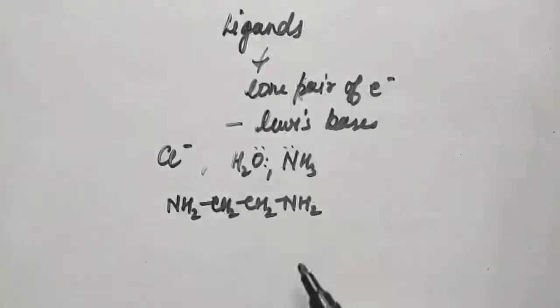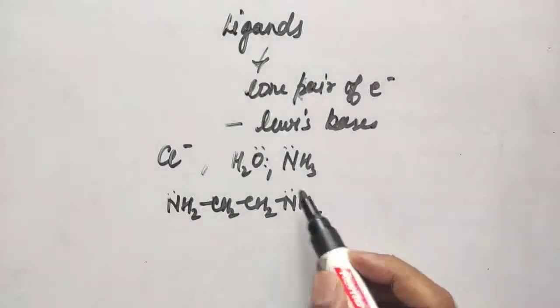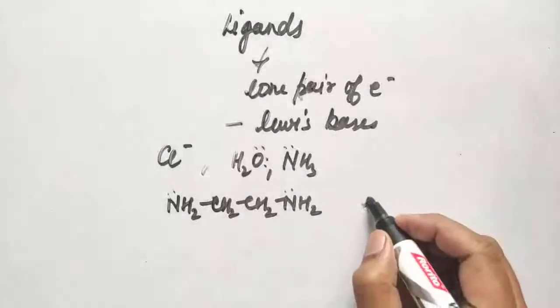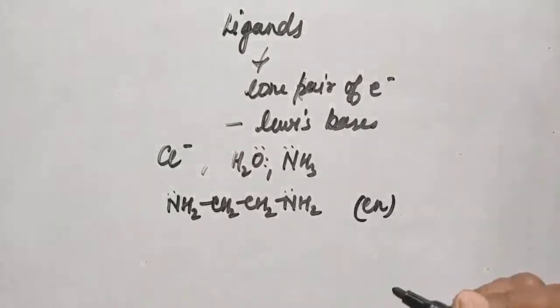It has nitrogen with a lone pair of electrons, and it can work as a ligand. We write en for ethylene diamine as a ligand. Some macromolecules or bulky molecules like proteins can also act as ligands.